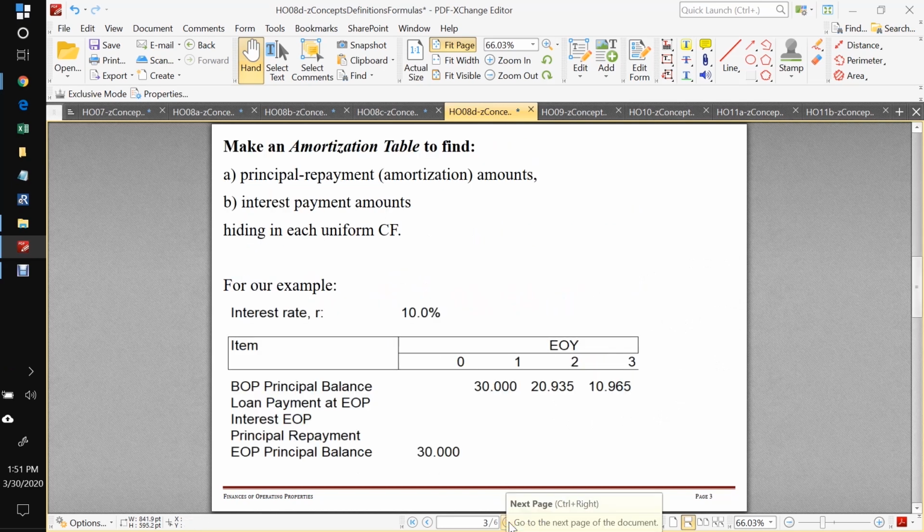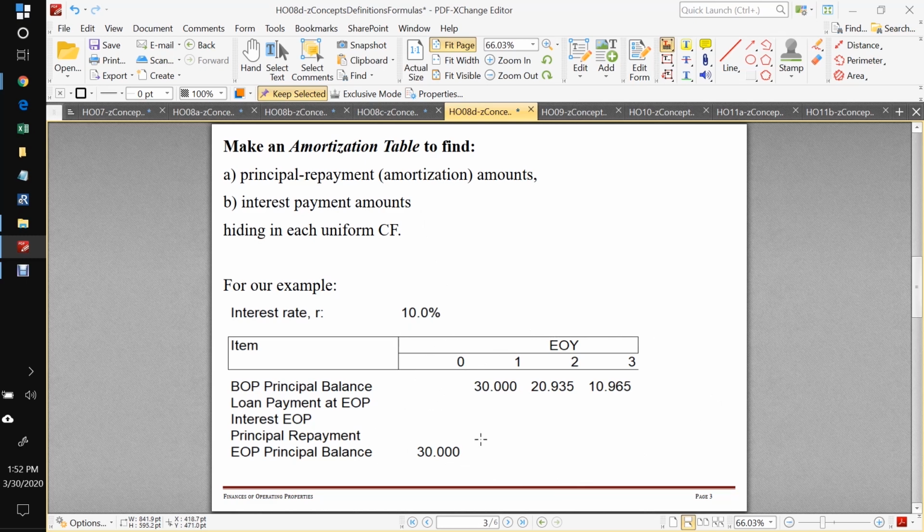And then what we did in the rest of 8D was make an amortization table for various loans to find the principal repayment amount that's hiding in each uniform cash flow and the amount of that uniform cash flow that is going towards interest. And so we started with a table with some information given to us and some not.